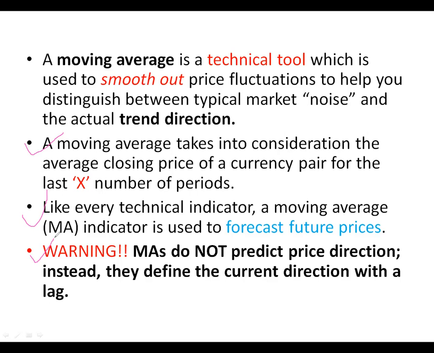The warning is what I'm explaining. So the moving average is actually calculating what has already happened in the market. It is analyzing the past data for you. That is what the moving average is doing. Because the moving average is not going to calculate the current candle that is being formed.